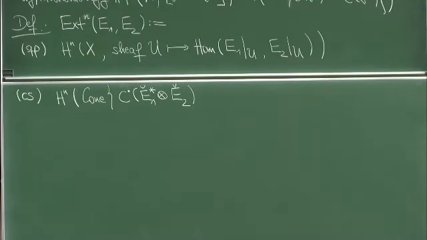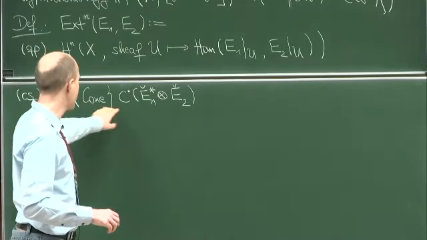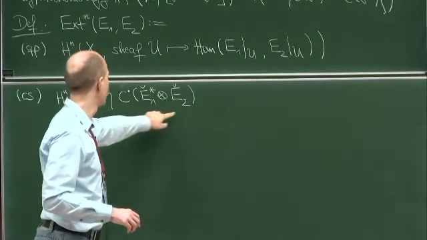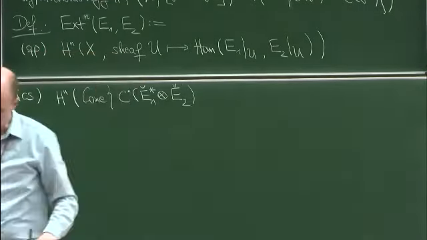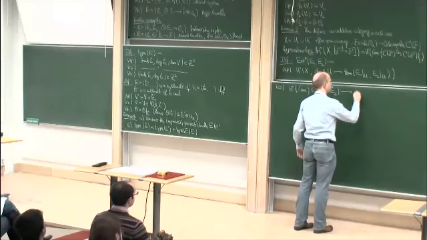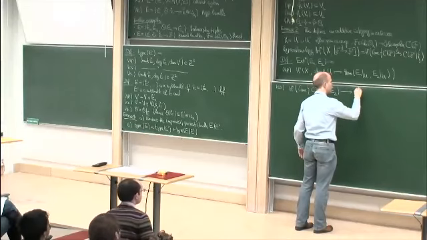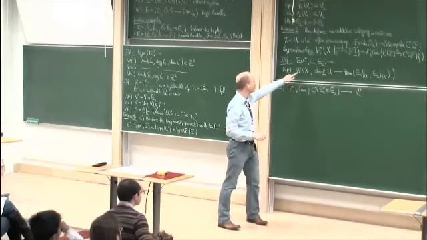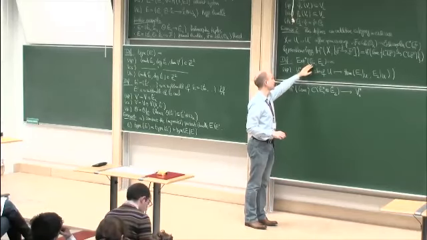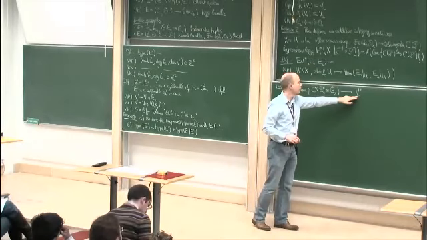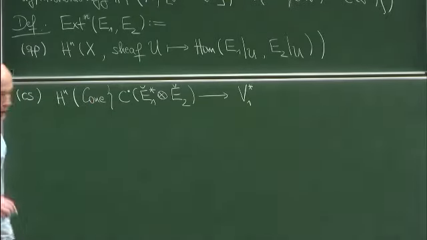But now the augmentation has to come into play somehow, and it comes into play by taking the mapping cone of a morphism of complexes from this into some other one, which looks as follows. It is V1 dual. So V1 is the augmentation of E1. So E1 is a coherent system, so it's an underlying vector bundle together with a vector subspace V1 in its global sections.